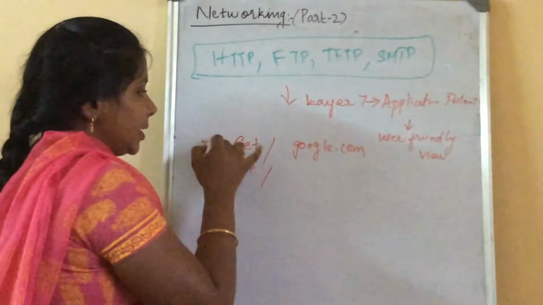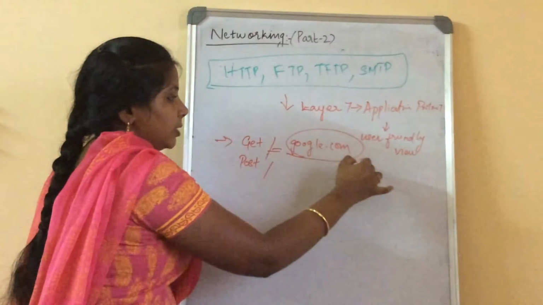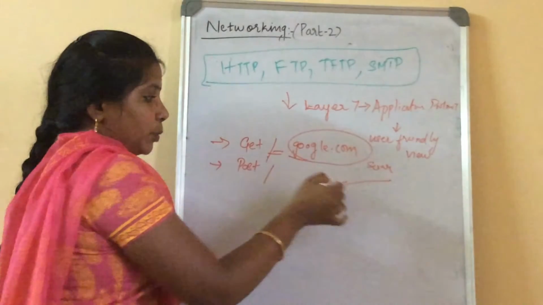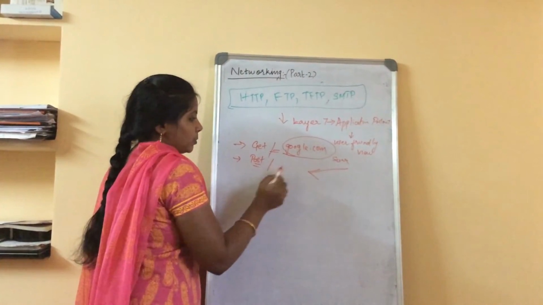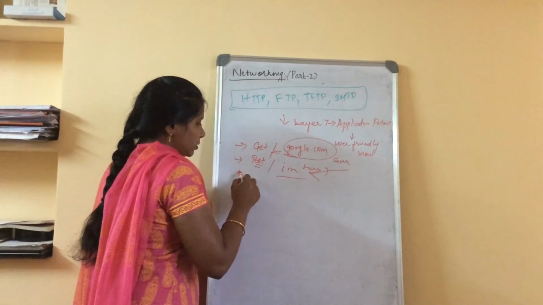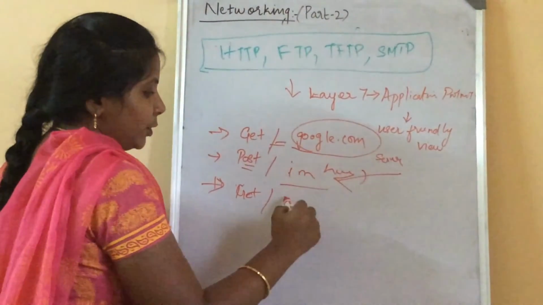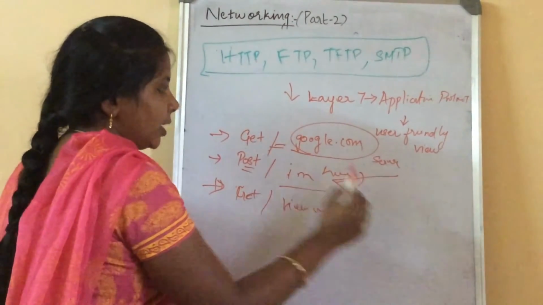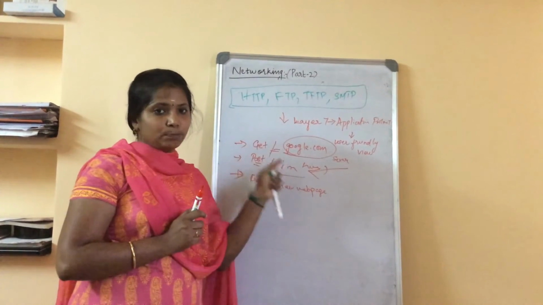First it will send get slash, that is the get method, to the server, and from the server the response will be posted using the post method. Then it will view, and again the get method will come and view the web page.